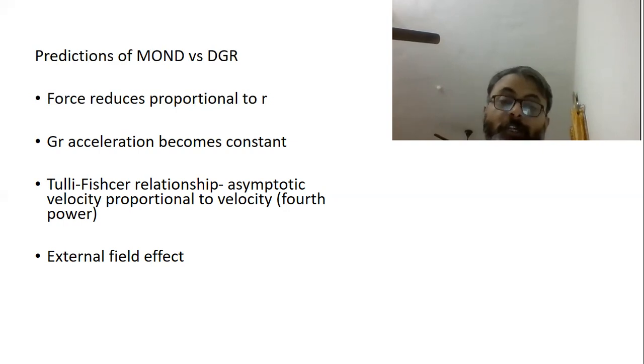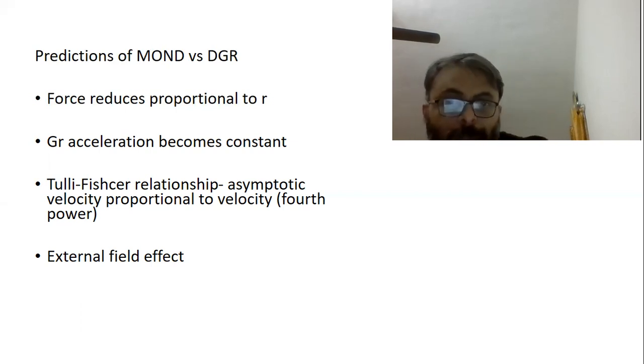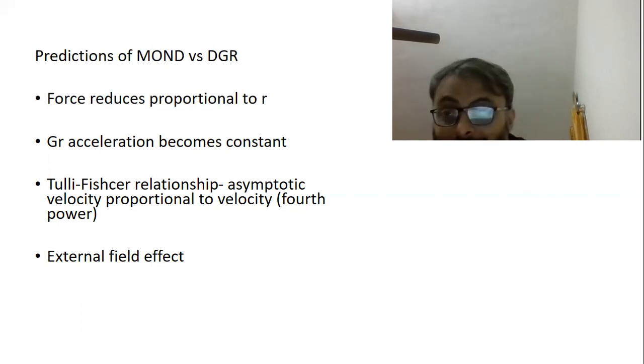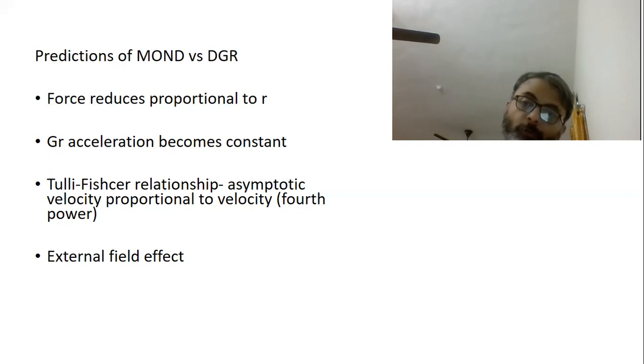There is an external field effect over here, which is predicted by MOND, but not predicted by general relativity. Here DGR agrees pretty well with MOND, because beyond the galaxy also there will be linear EPCAs. The linear EPCA of one galaxy can merge with the linear EPCA of the other galaxy, with the third and with the fourth, and so on.